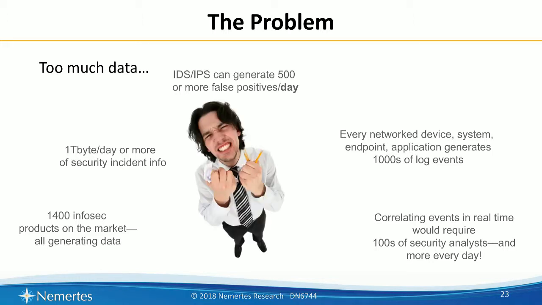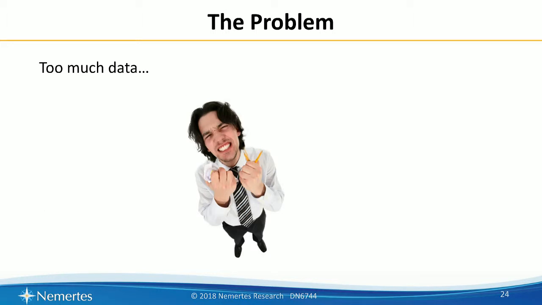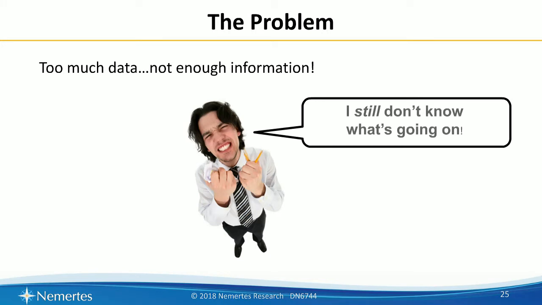And the net result, the core problem for security professionals today, is that there's too much data, but ultimately when you get down to it, there's not enough information coming out of that data, not enough meaning coming out of that data.